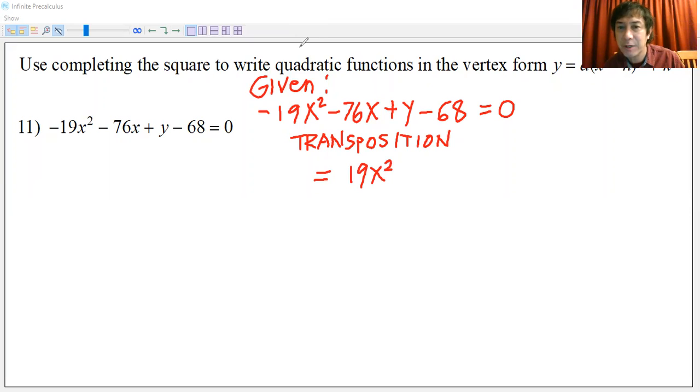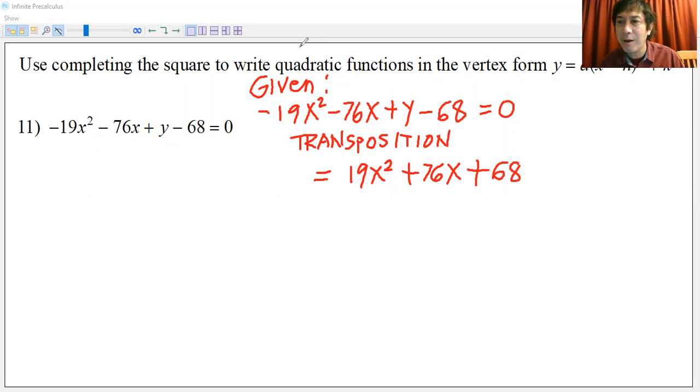Also the negative 76x, if you move that to the other side, becomes plus 76x. We have the number negative 68 at the left side also. We shall move it to the right side, and that should become plus 68.